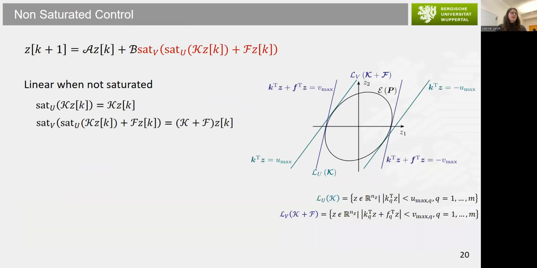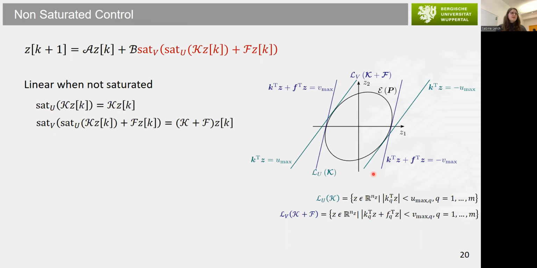But it would be linear when there's no saturation. So one idea could be not to allow the saturation. And this happens when the saturation of U equals Kz and of V equals Kz plus Fz. So we can define those linear areas of the closed loop. And this is illustrated in this 2D example.